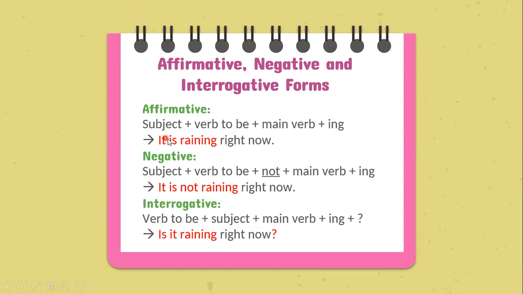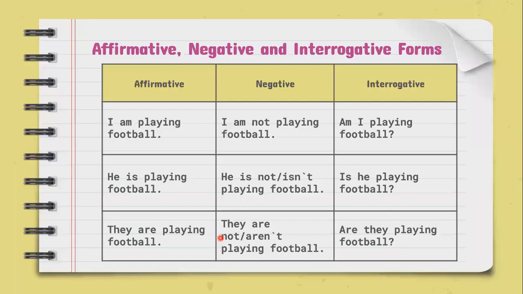So again, it is raining. I say, is it raining right now? Then I add the rest of the sentence and a question mark. So I start the question with the verb to be. They are calling you. Are they calling me? So are, is, or am, I start with it in the question, then comes the subject, then the verb plus ing.